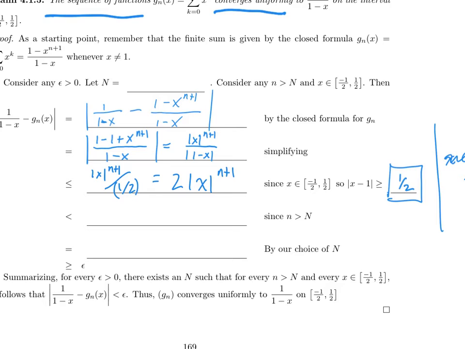And you know what? Let's not use that just yet. Again, since x is in negative 1/2 to 1/2, I can control the thing in the numerator. The absolute value of x is less than or equal to 1/2. That's less than or equal to 2 times 1/2 to the n plus 1, which is 1/2 to the n.